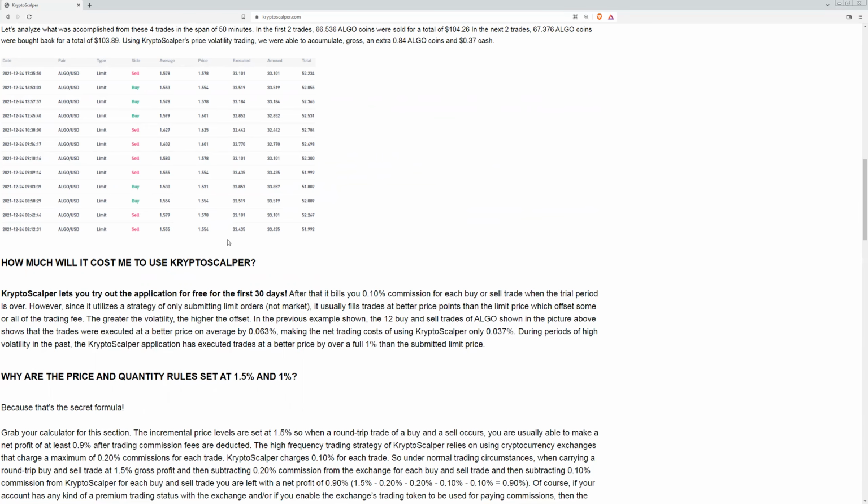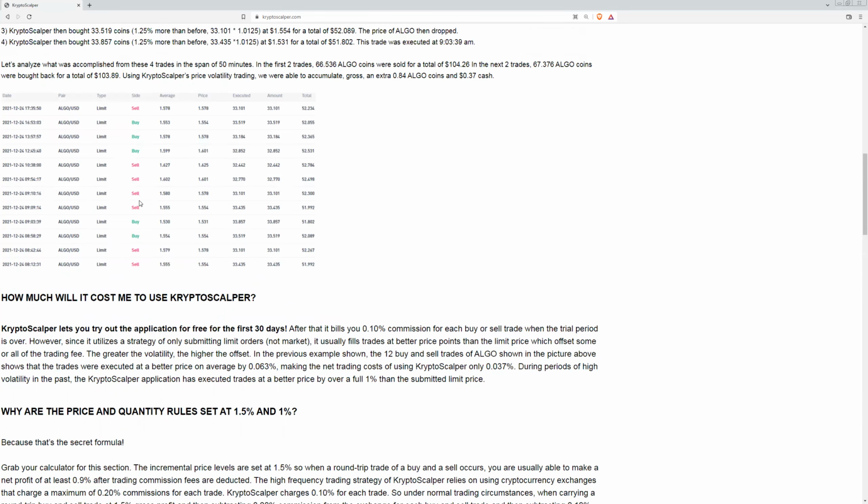In addition to that, because KryptoScalper submits limit orders, every time your sell order sells at a higher price and every time your buy order fills at a lower price, that little extra surplus generally offsets the 0.1% commission. So potentially KryptoScalper will cost you nothing when you factor in the surpluses. As you can see here in this graph, some of these prices filled at higher or lower than what they were submitted at, generating surpluses.